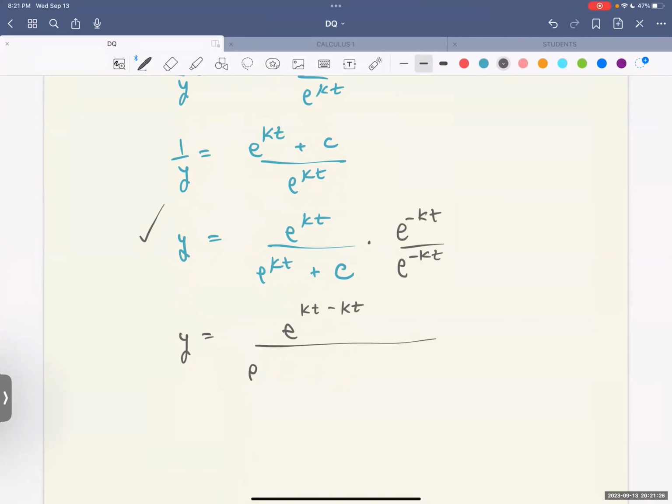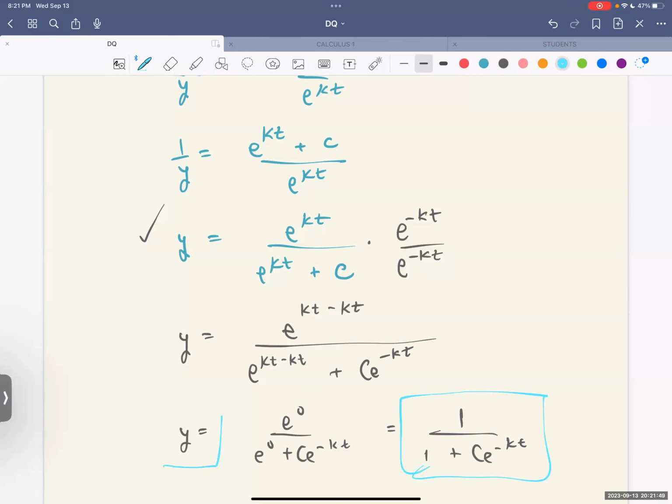Denominator would be e to the kt minus kt plus c e to the negative kt, and we end up with e to the 0 over e to the 0 plus c e to the negative kt, which in the end is 1 over 1 plus c e to the negative kt, and maybe that looks better. So to be clear, this works as a solution, and this one also works as a solution. Either one is just fine.